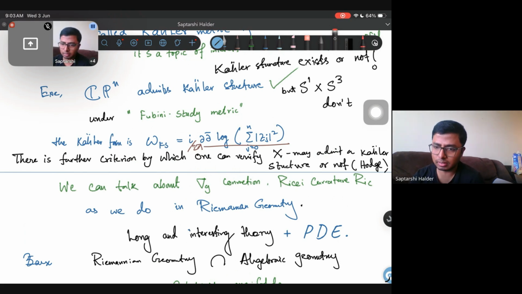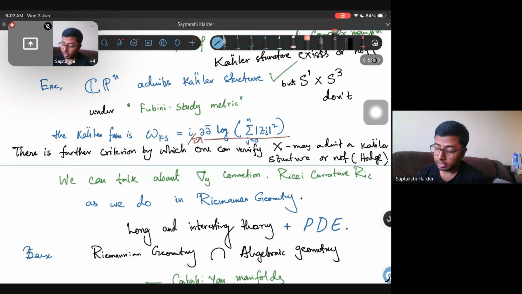Connections are nothing but, I will say, the directional derivatives. But remember, this is under the metric G. And after that, we can define the curvature tensor, scalar curvature, mean curvature, Ricci curvature, all these things. So this is a whole Riemannian geometry part.